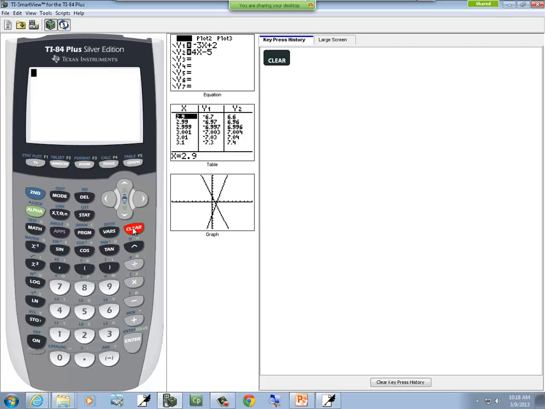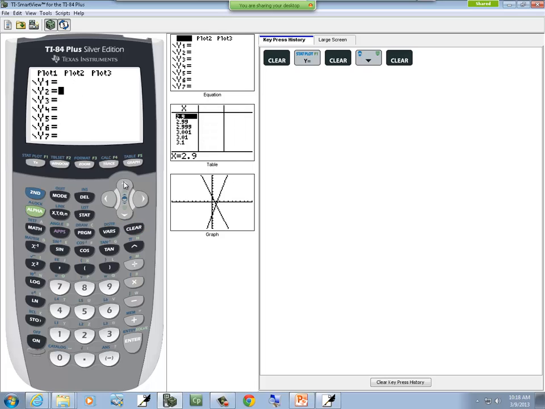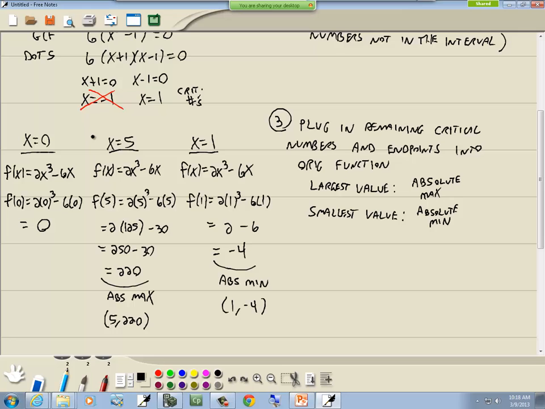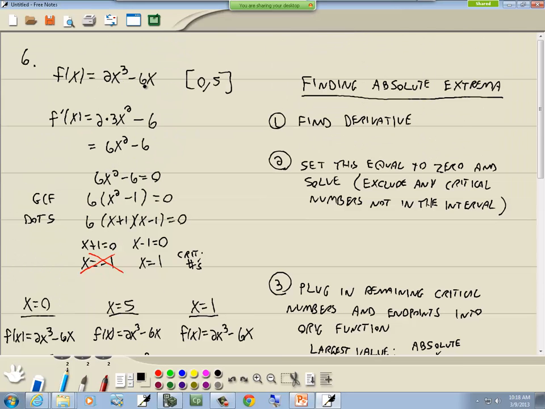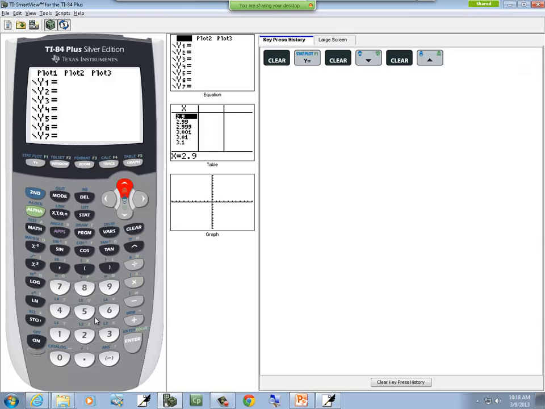Okay. First off, I'm going to go to y equals and clear out anything I have on y1, y2, or whatever lines. And on y1, we want to put in our function, which was 2x to the third minus 6x. So we've got 2x caret 3 minus 6x.